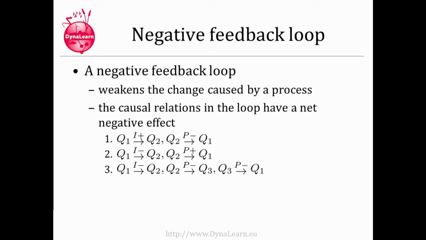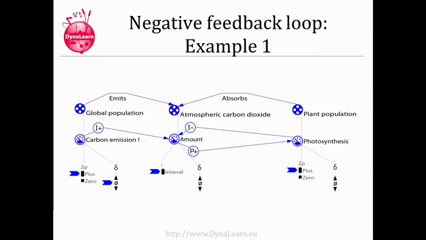Let's look again at a number of examples. This first example we've already seen in the model about carbon emissions. The process in the feedback loop is the photosynthesis of the plant population, which absorbs atmospheric carbon dioxide. So there's a negative influence from the photosynthesis to the amount of atmospheric carbon dioxide and a positive proportionality back to the photosynthesis.